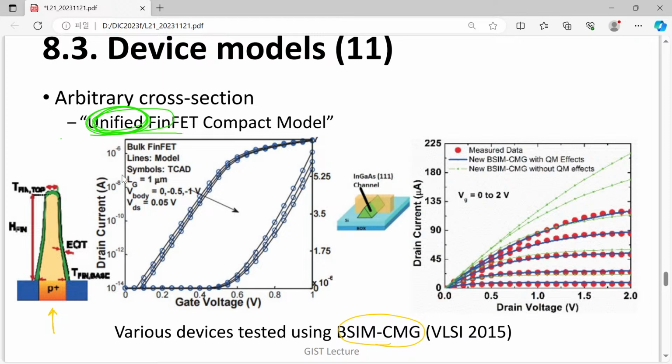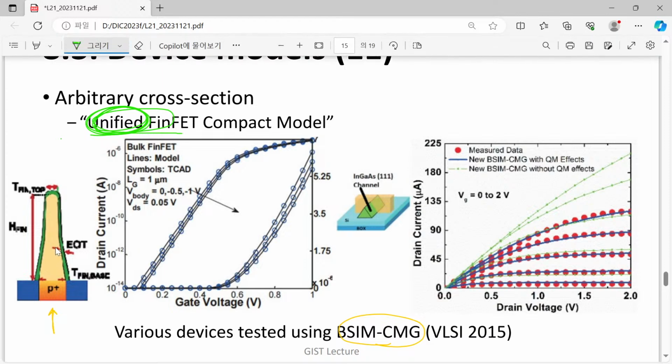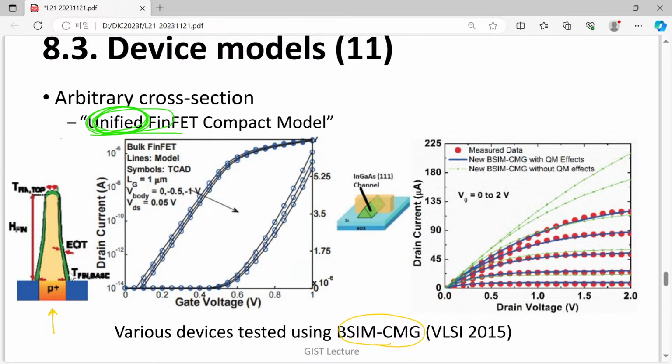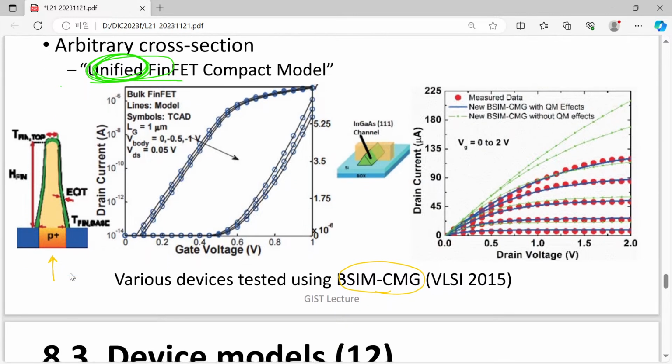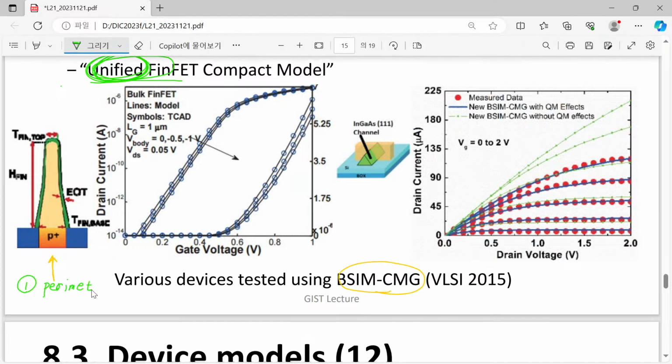Even though we have this quite complicated shape, they observed that what we need are just two parameters. One parameter is the perimeter. Another parameter is the area. That is their observation.